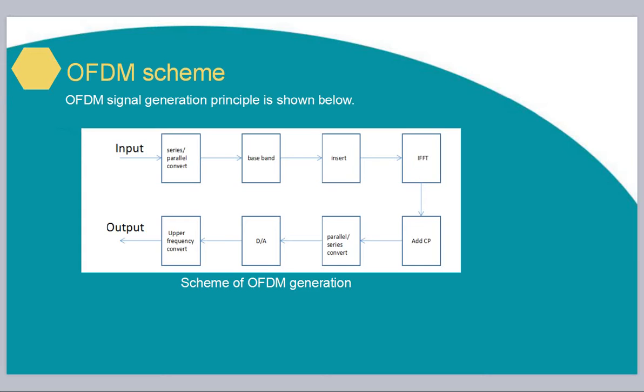Then we add the pilot. When we reconstruct, we convert from parallel to serial, then go through the DA and convert to the upper frequency, and we get the output.